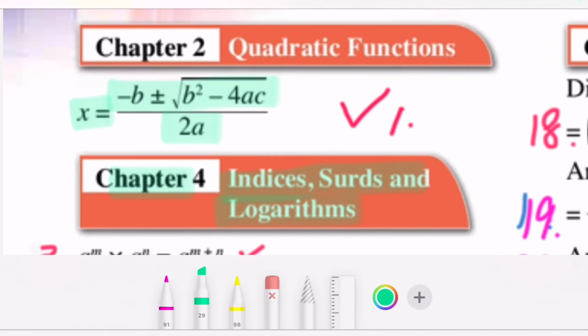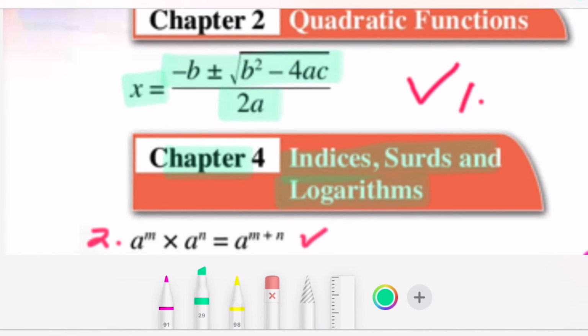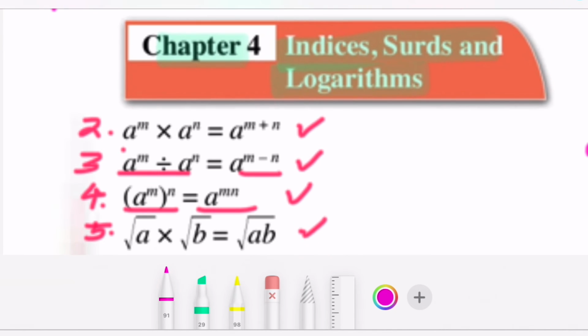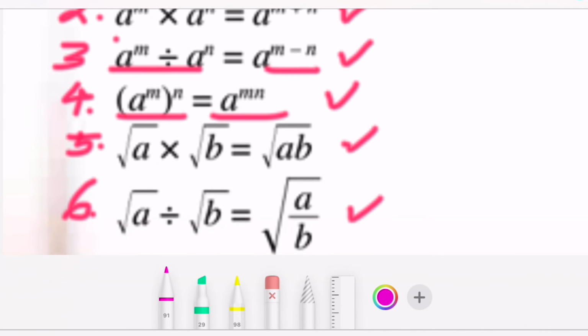Alright, so let's go through again. This is the formula for finding the roots when you can't factorize. Number 1, right? Finding roots, solve the quadratic equation. Number 2 is indices, right? Multiply becomes plus, and then divide becomes minus, and then the power mn, right?